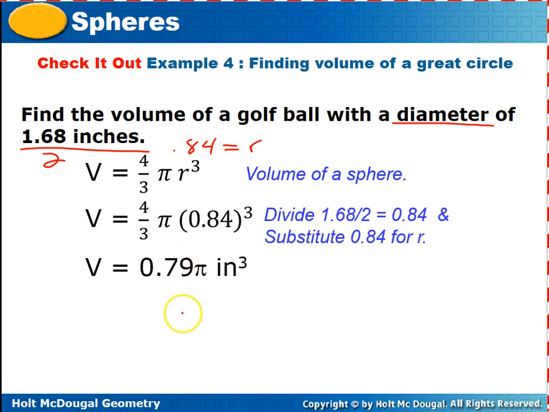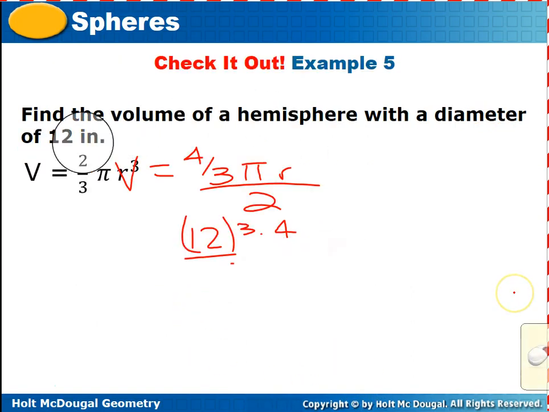That's going to give us 0.79 pi inches cubed. Now, when it asks for the circumference for part B here, the formula for circumference is diameter times pi, and we were given the diameter up here, so all we have to do is substitute in 1.68 in, and then do pi, and that's going to be inches for our circumference.